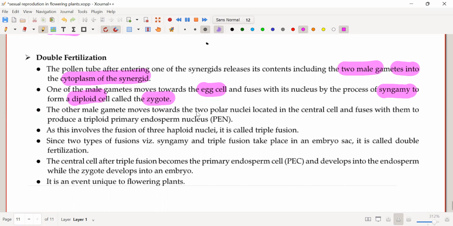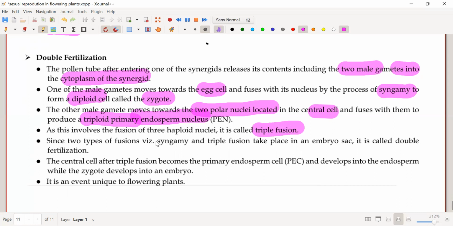The other male gamete moves towards the two polar nuclei located in the central cell and fuses with them to produce the triploid primary endosperm nucleus. As this involves the fusion of three haploid nuclei, it is called triple fusion.